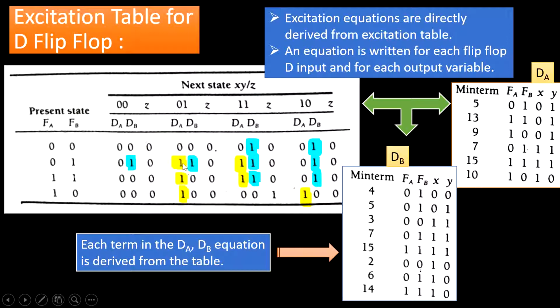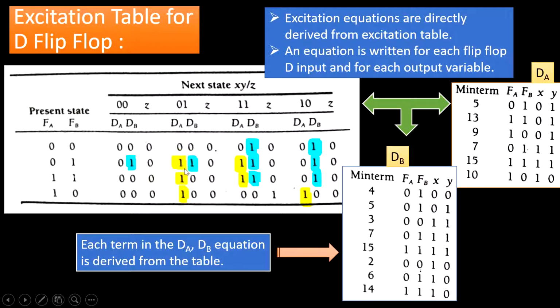So when I look at that, I have to write the minterms in the form FA, FB, X and Y. So the minterm will be a function of FA, FB, X and Y. FA and FB is the present state, and X and Y are the inputs.